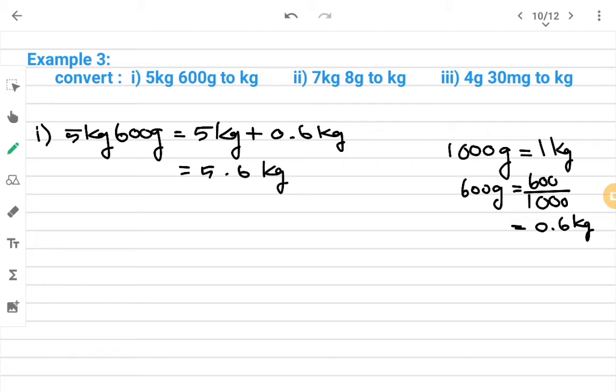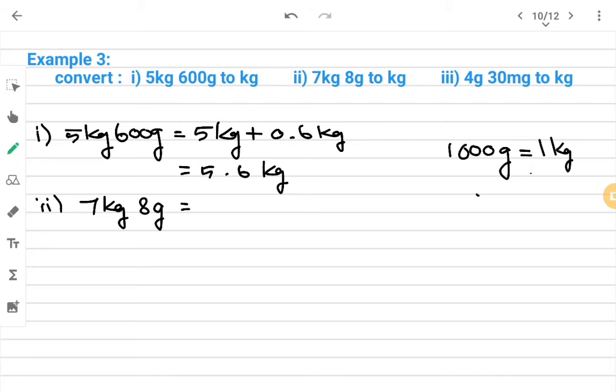Now the second subdivision. What is the second subdivision? 7 kilogram 8 gram. Here they have 8 gram. So 1000 gram is equal to 1 kilogram. Therefore 8 gram is equal to 8 by 1000. How many zeros are there? 3 zeros.